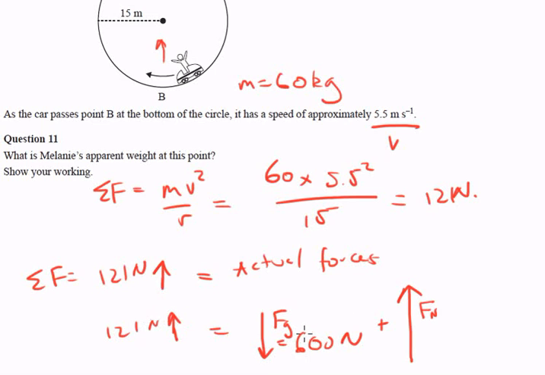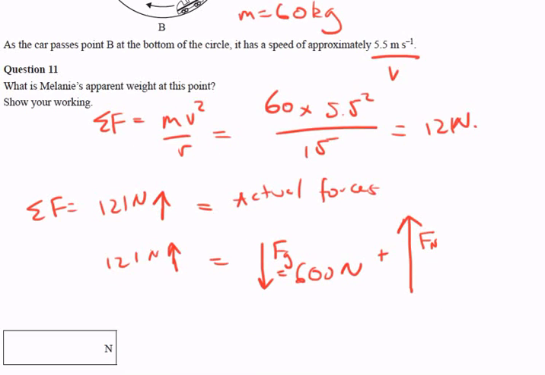So if you've got 600 down plus something up, what is that something such that it equals 121 up? Well, it must be bigger than gravity, because it's got to cancel out gravity and leave over 121, so it must be 721 newtons up. 721 up, 600 down, give a total of 121 up. So that's the normal force on her, and that normal force is apparent weight. Normal force equals apparent weight.